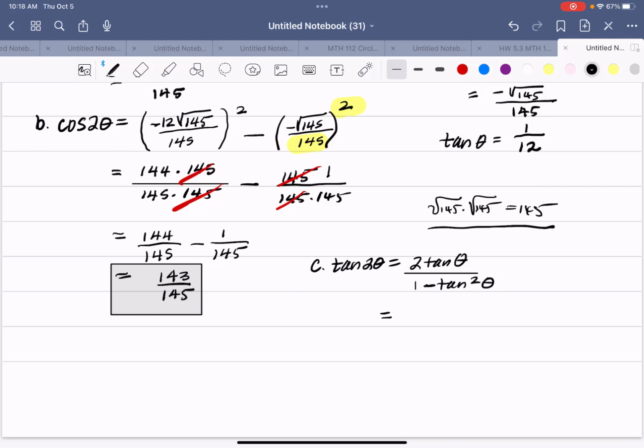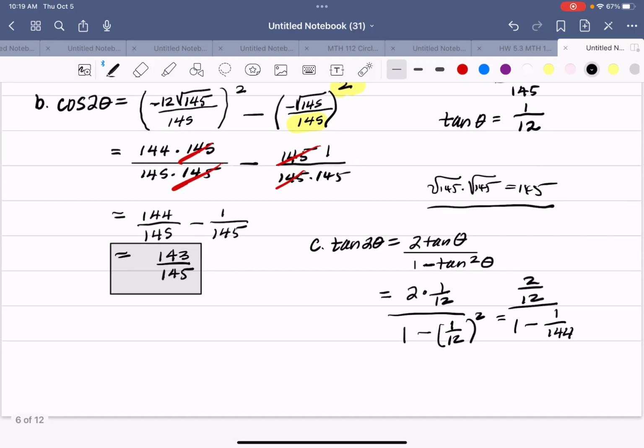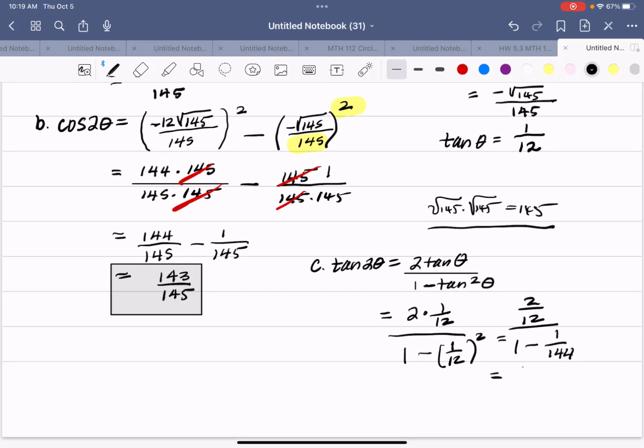So our tan 2 theta is 2 times 1/12 over 1 minus 1/12 squared. Well, that's 2 over 12 over 1 minus 1 squared is 1, 12 squared is 144. So a little cleanup here. 2/12. Remember, 1 is going to be 144 over 144.